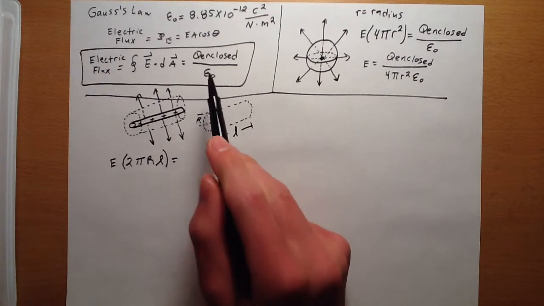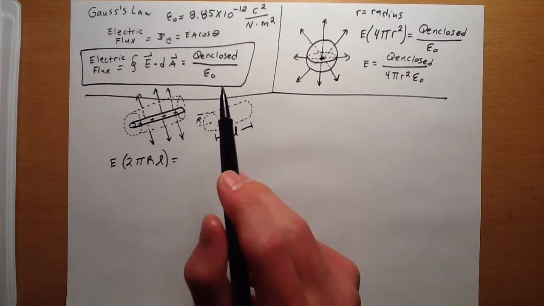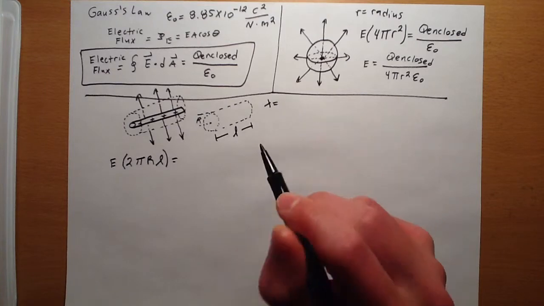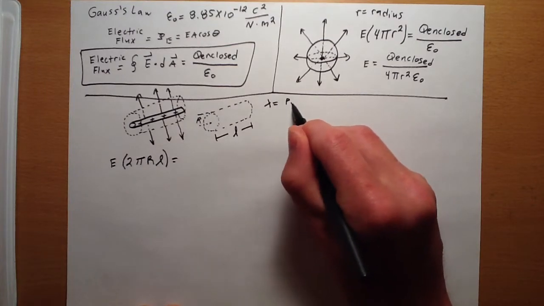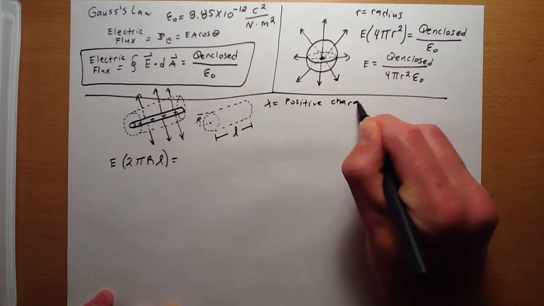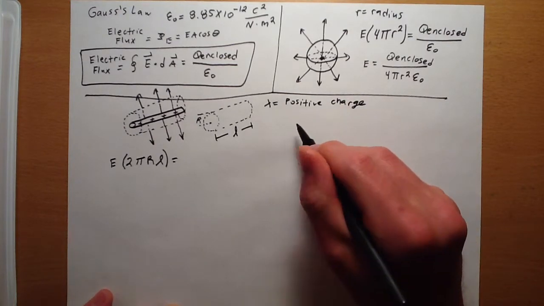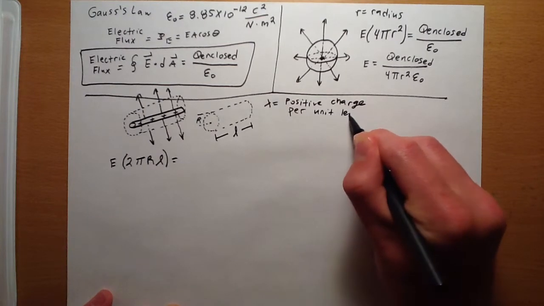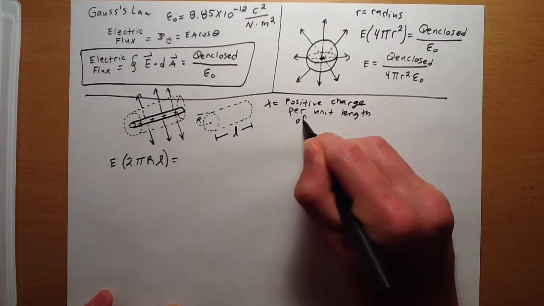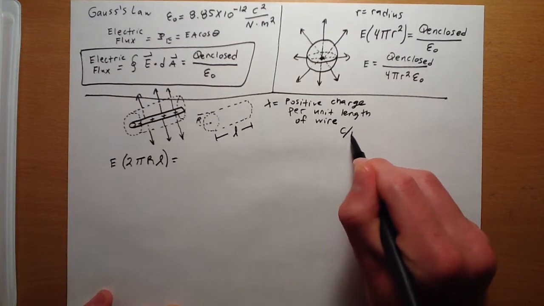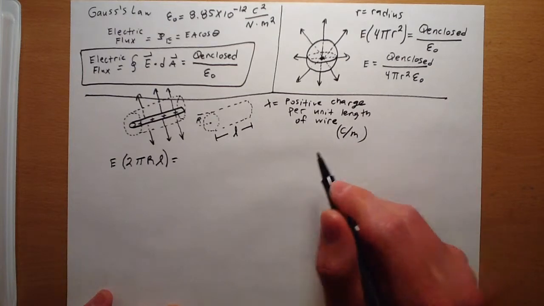Now we need to figure out what the charge enclosed is equal to. Lambda, which is equal to the positive charge per unit length of wire, so it'll be coulombs per meter, charge per meter.